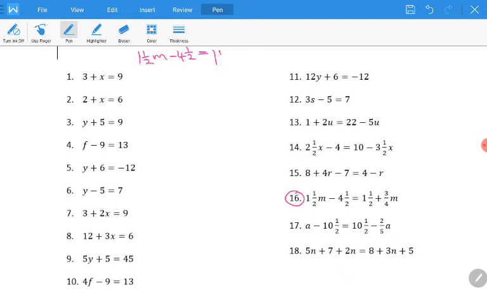1.5 plus 3/4 m. So this is not difficult to solve.